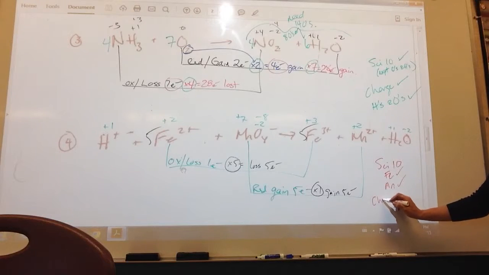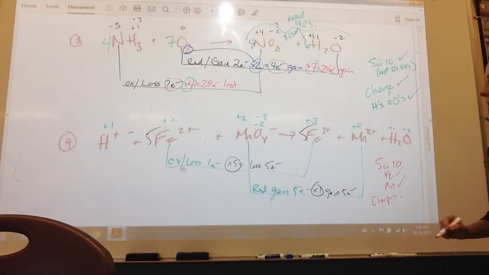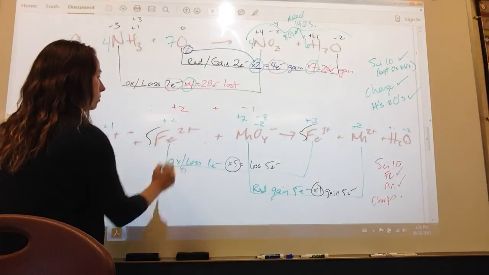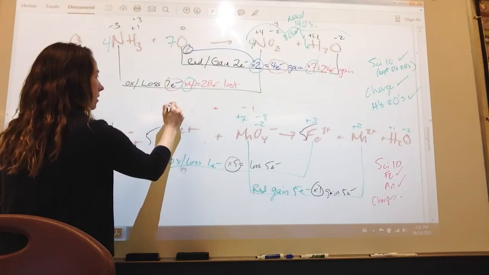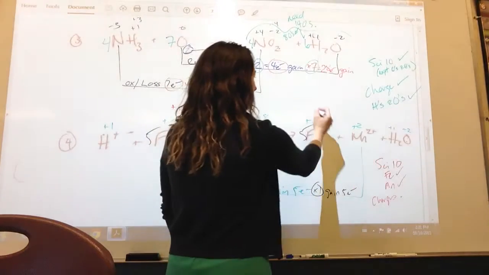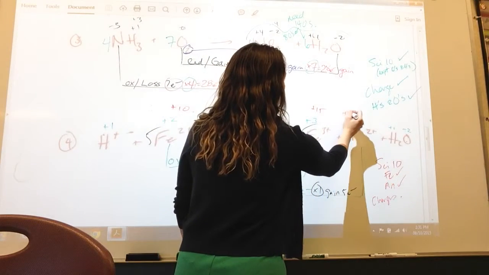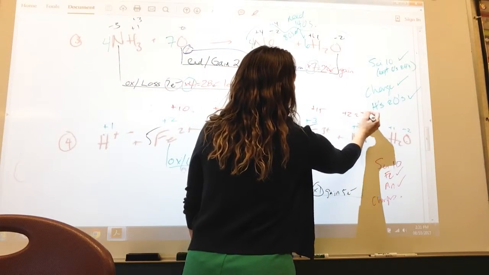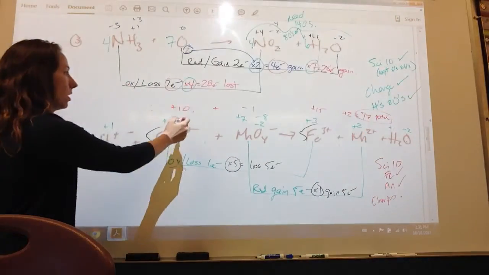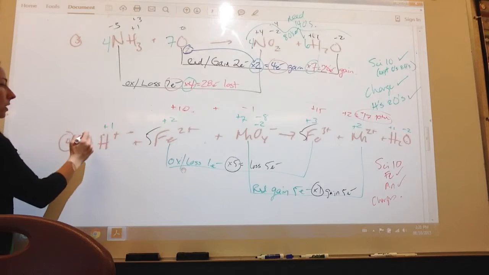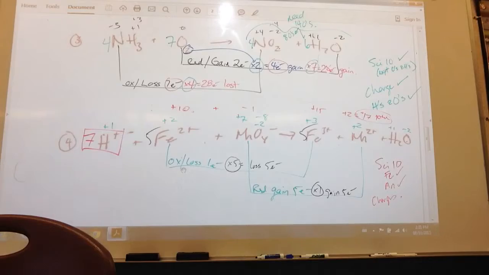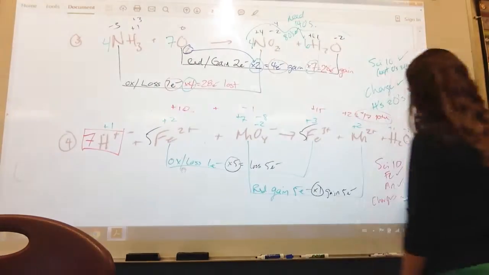So now charges. 1 plus 2, 5, 10, positive 15, that's positive 2. So on this side I have positive 17 total. So going back here, I've got positive 7, or 10 I mean, so I need 7 of these. Positive 17 charges.